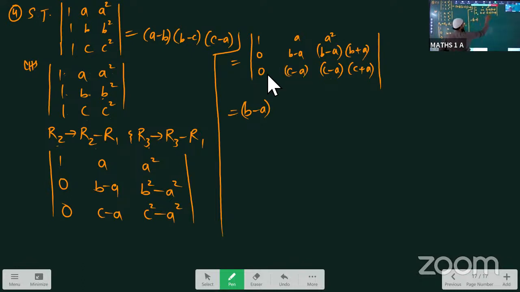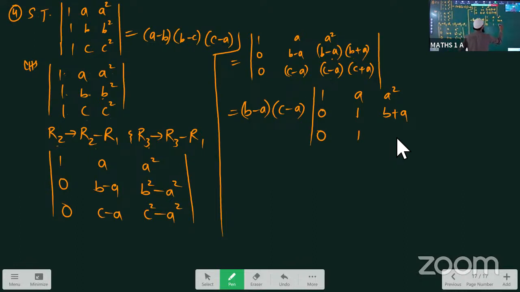So from R3 I am taking c minus a common. So what is the final? 1, a, a square. Next 0, b minus a taken out, so it will be 1, what is remaining, b plus a. Same here also, 0, c minus a taken common, 1, c plus a. So this is the final determinant.